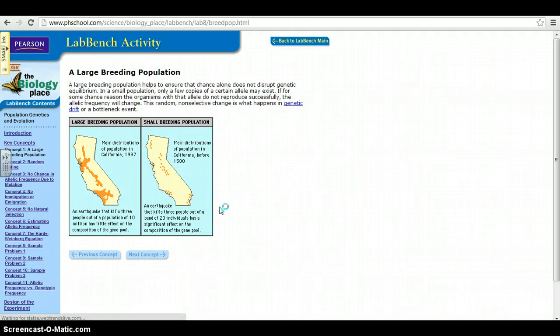Okay, so if there's a large breeding population, small random events aren't going to affect it as much as if there's a small population. So for example, here we've got a map that shows a group of people that live in California, where there's 10 million people in 1997.